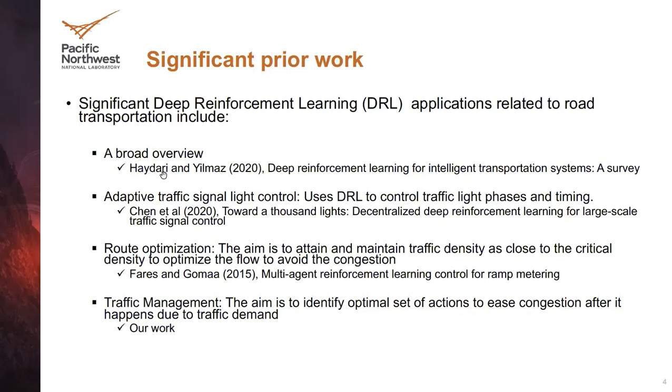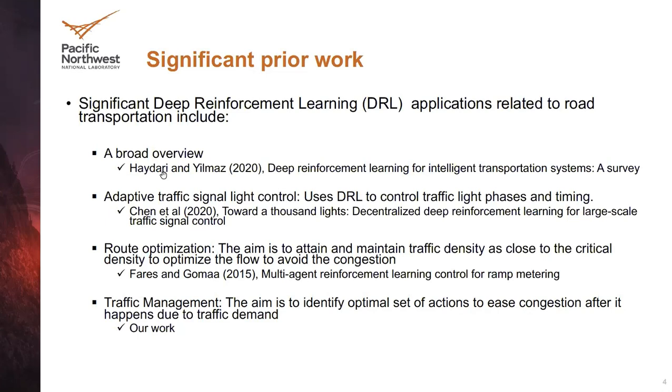And then going into a little bit of specifics on the different types of applications, adaptive traffic signal control is a very important application that many papers talk about. Here is one example, Towards 1000 Lights, where they apply decentralized deep reinforcement learning algorithms for large scale traffic signal control.